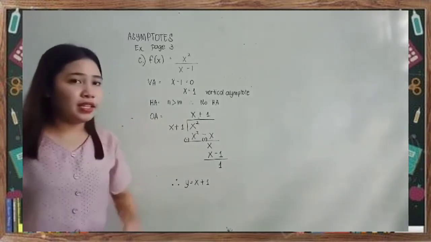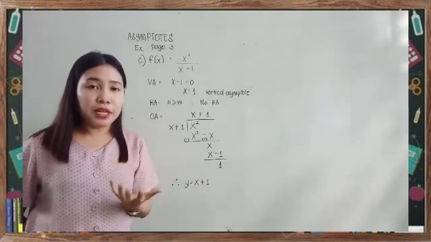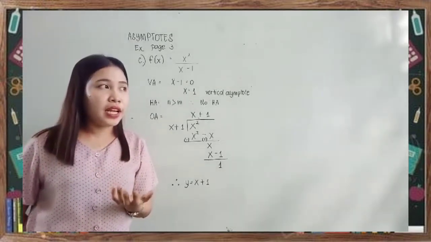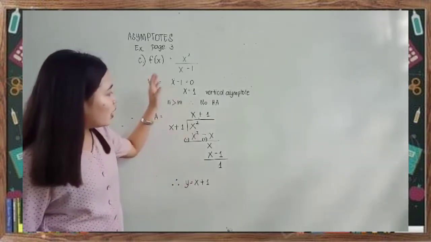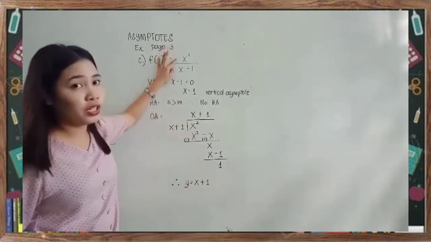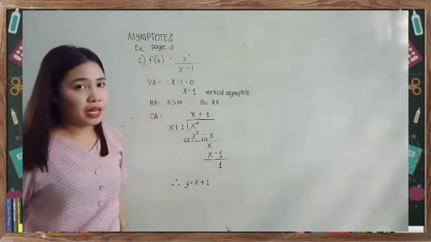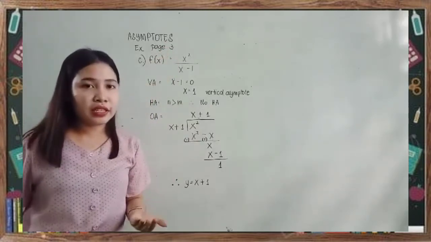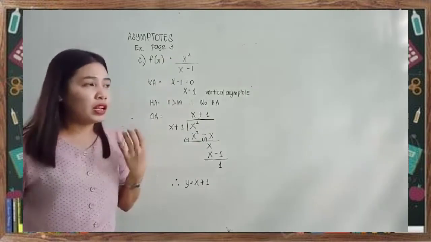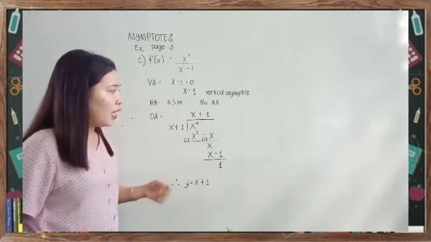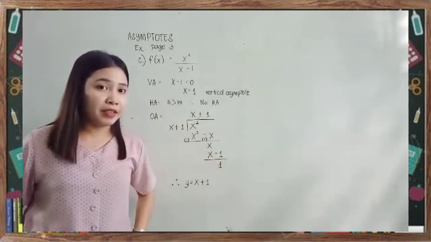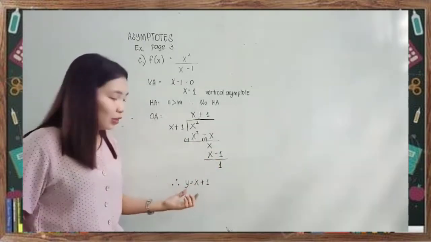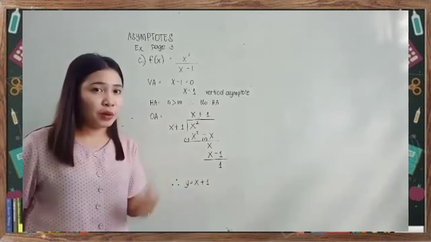Okay, so in oblique asymptote, ang gagawin natin dito ay i-divide natin yung numerator by the denominator. You can use the synthetic division or the long division method. And you are going to disregard the remainder and set it to the value of y.